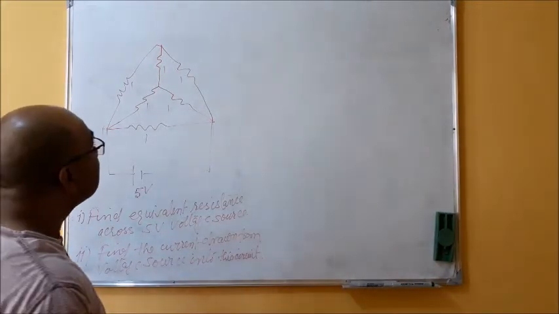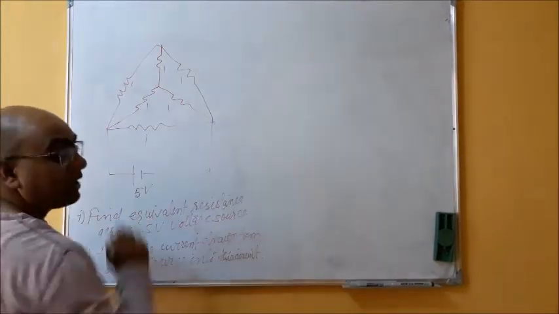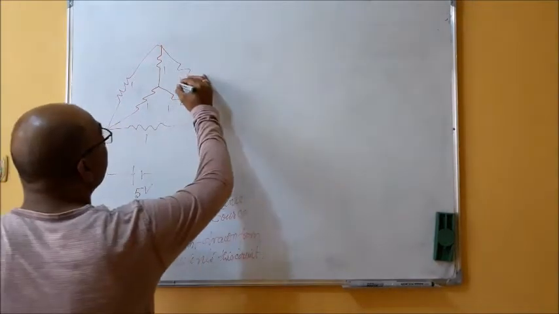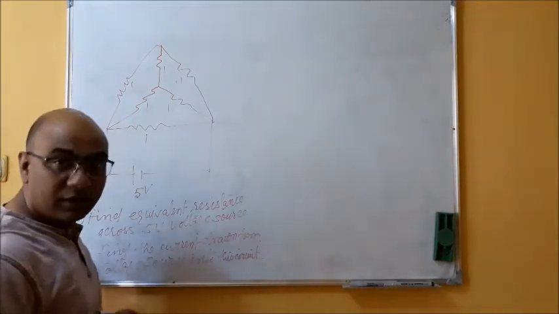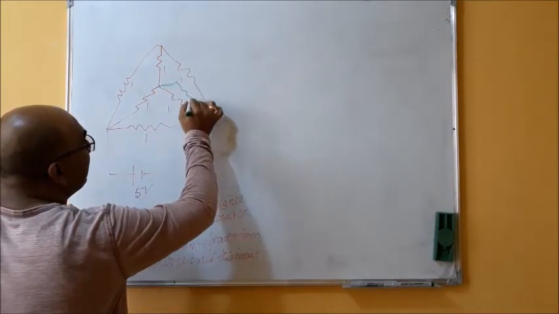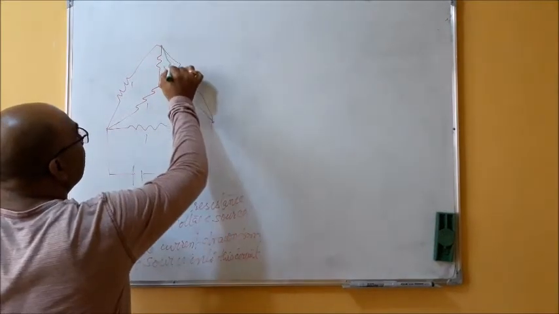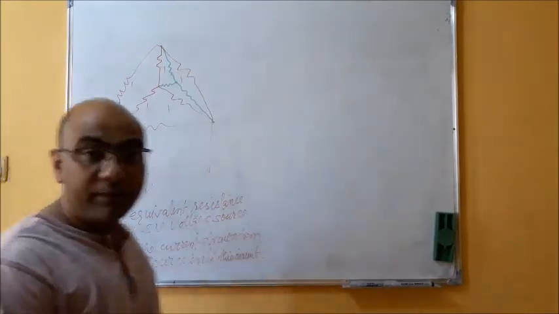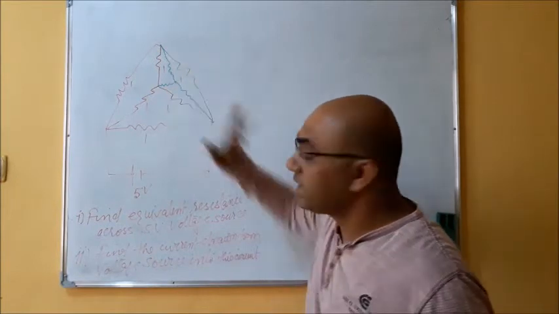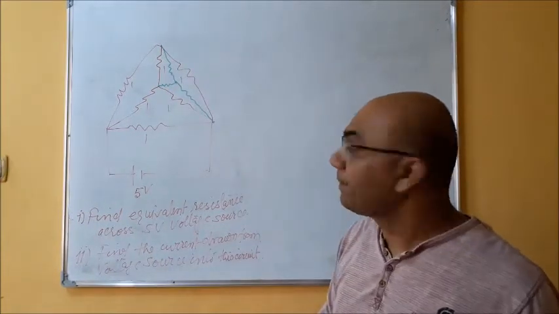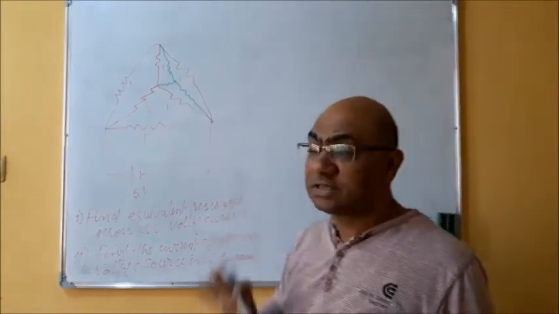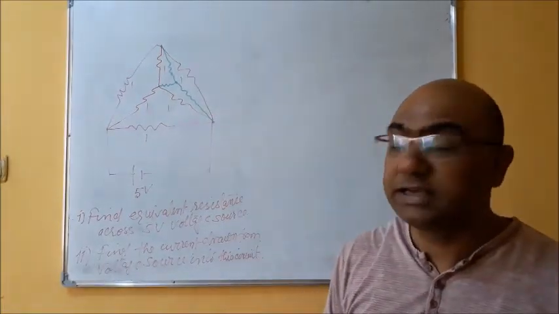Right? So if it is a type of delta, same thing, I will change this delta into star. How? I take a point here. From this point I will add this, from this point I will add this, and from this point I will add this. So for this delta, I have changed it with star. Now, for simplicity I am taking all the resistances as 1 ohm; if you want you can change.